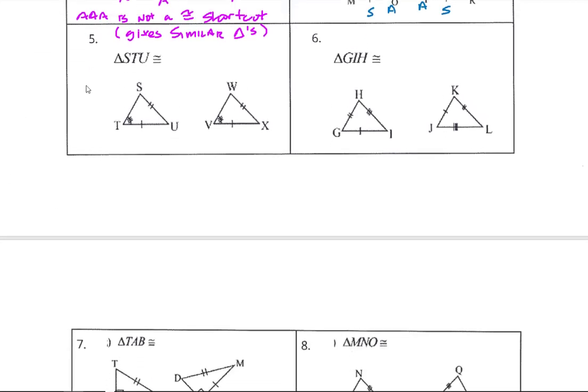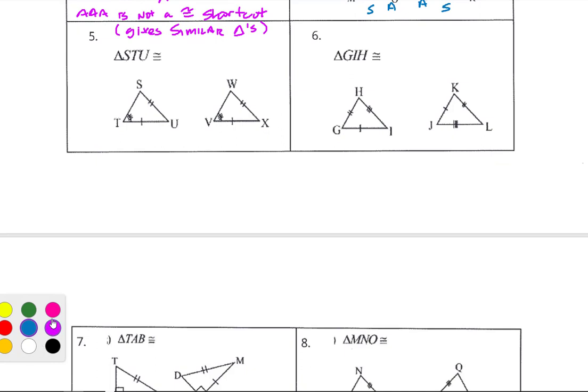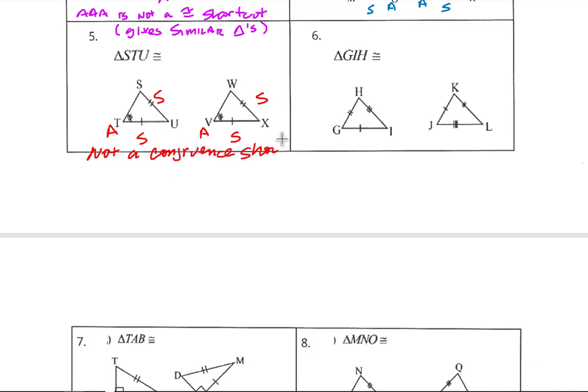Looking at number 5, we can see that there's an angle side-side pattern, or we call it SSA to be more appropriate, which only works for right triangles, so we cannot say that those two triangles are congruent with each other. So again, it only works for right triangles, and then we would call it hypotenuse leg.